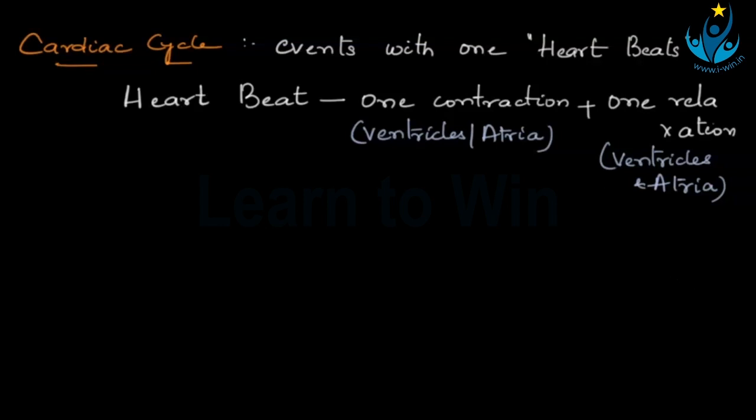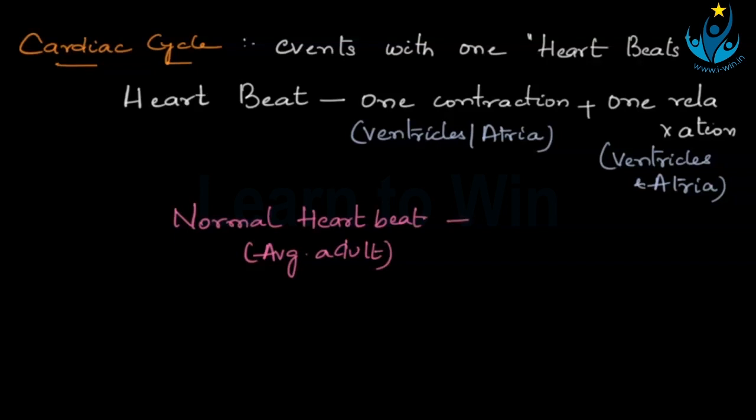Now a normal heartbeat in an average adult, irrespective of gender, is 72 to 78 beats per minute. BPM is beats per minute.